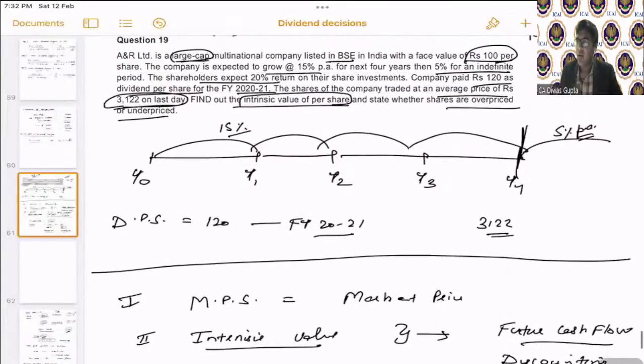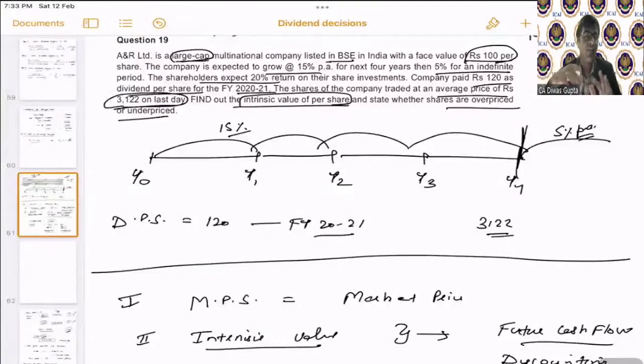Vasu is asking, what is intrinsic value? See, there are two things. One is the value going on in the market, which we call market price per share, because that is the price at which the trade in the market happens. But intrinsic value is basically governed by the fundamentals of the company.